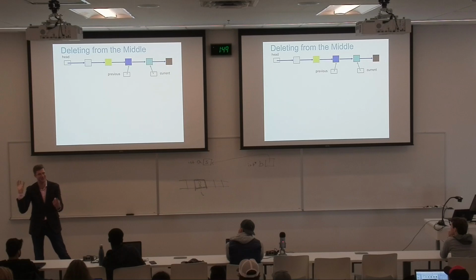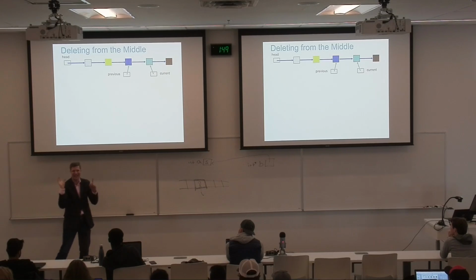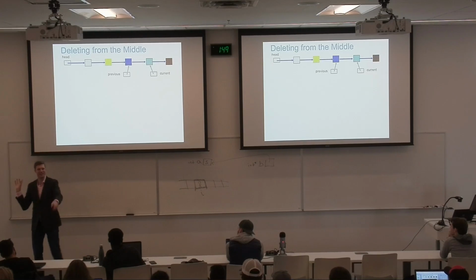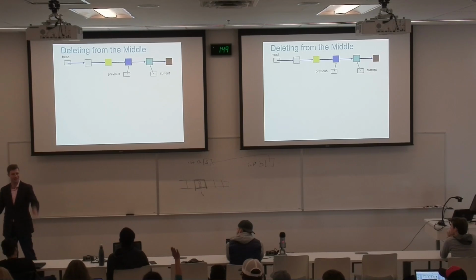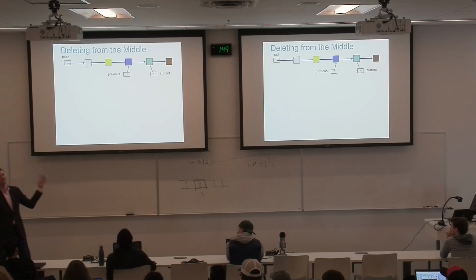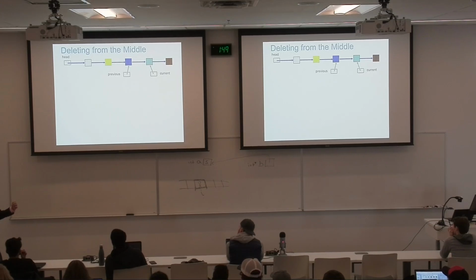Yeah, but we're missing one critical step. Set it back to previous. Set previous's next to current's next, or alternatively, previous's next to previous's next's next. Then delete current. Correct. There we go. We did it.